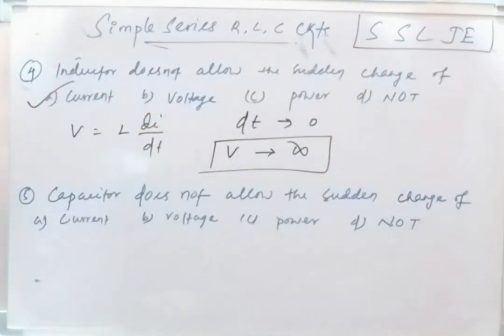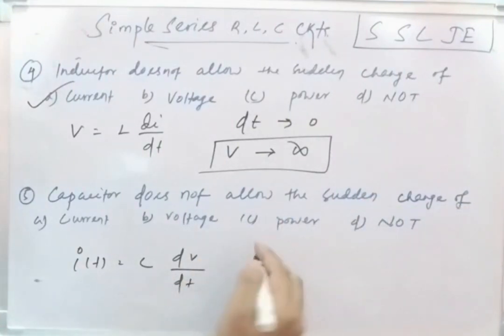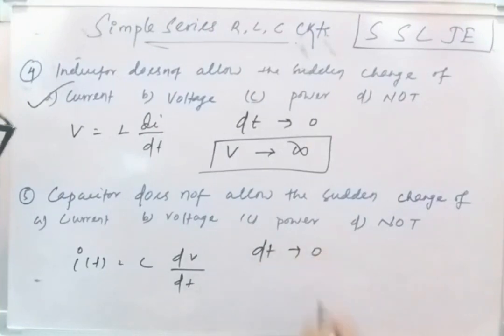In this case, the capacitor does not allow the sudden change of current, voltage, power, or none of this. We know the current i(t) equals C dV by dt. For a sudden change, dt tends to 0, and the current depends directly on the rate of change of voltage with respect to time.